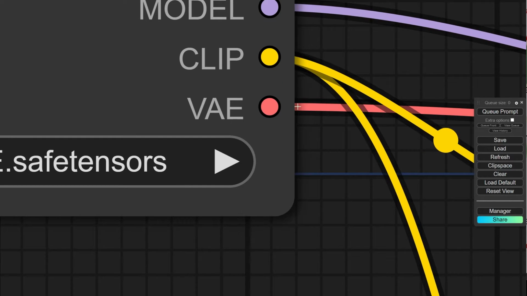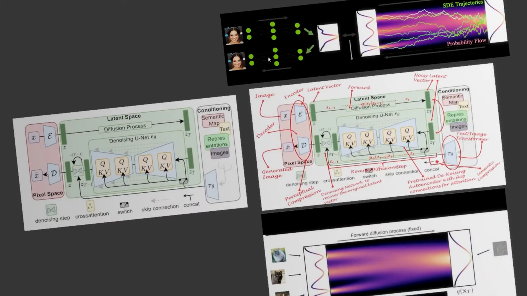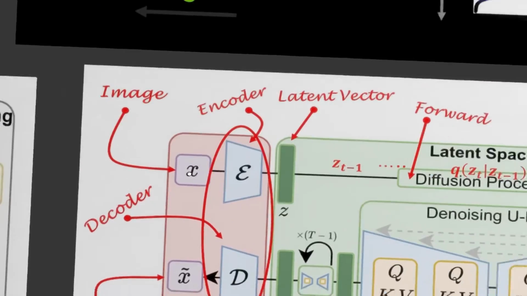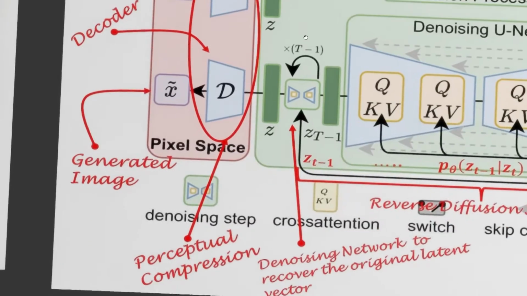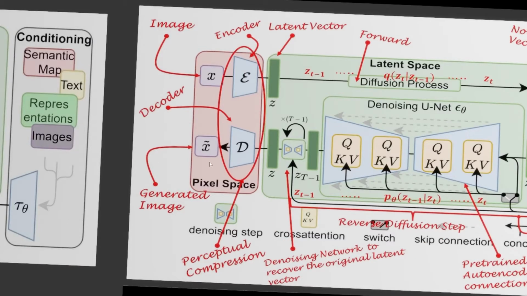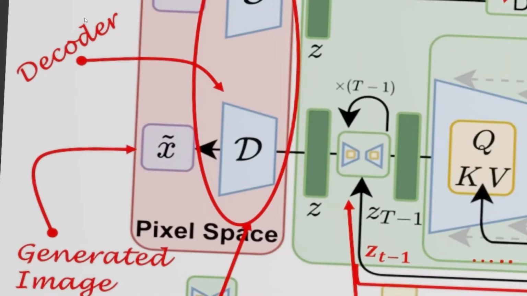Here we have the VAE, and the VAE helps us convert any image and send it to latent, because for sending an image we should encode it, and after that for converting the latent information to an image, again we should use a decoder.